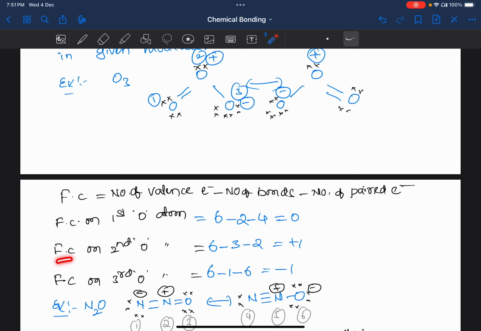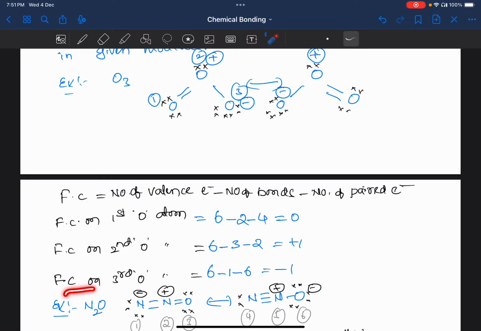Next, the formal charge on the second oxygen atom. Here again valence electrons are 6, minus the number of bonds around that oxygen, which is 3, minus the number of paired electrons, which is 2. So it possesses plus 1 charge. That's why I wrote plus.